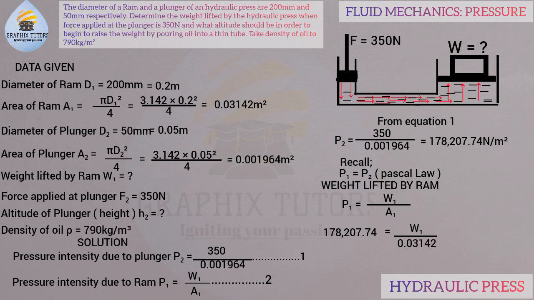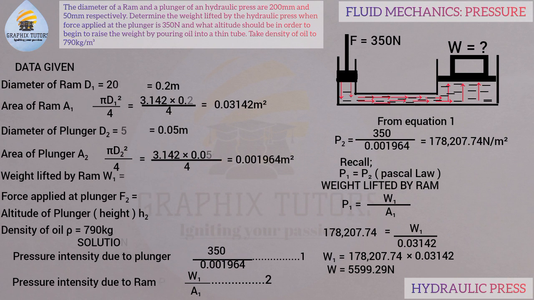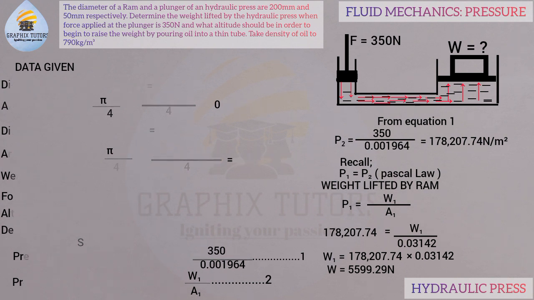So if I make the weight the subject of the formula, I'll be having 178,207.74 multiplied by 0.03142, and my weight will now give me 5,599.29 Newton, right? Now similarly, the weight lifted by the ram is 5,599.29 Newton.